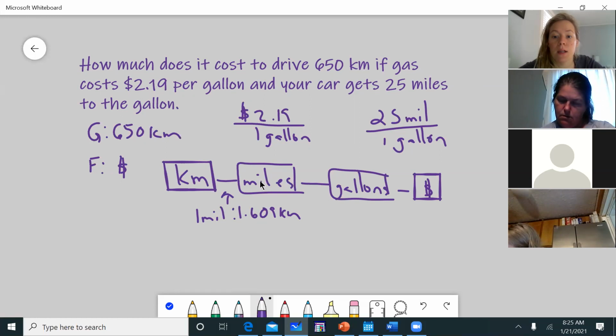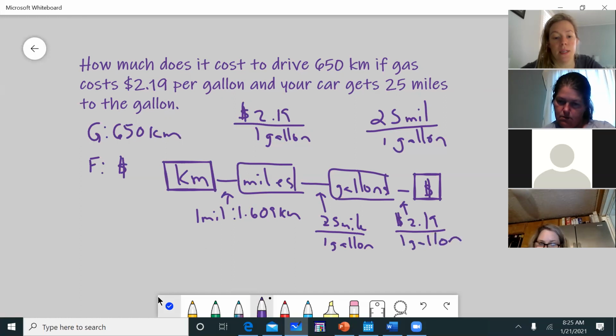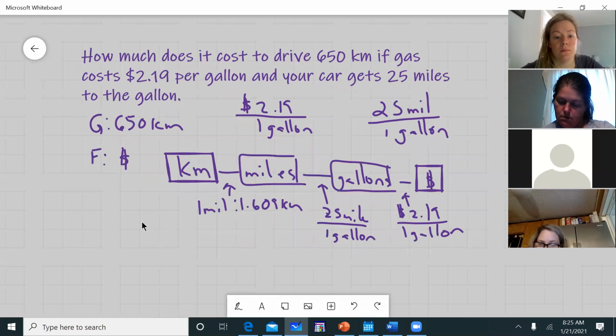To go from miles into gallons, I know that I get 25 miles out of every 1 gallon. And then gallons to money is $2.19 for every 1 gallon. So we're going to string these together.